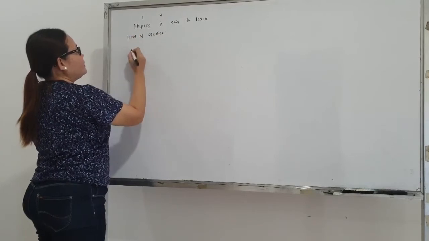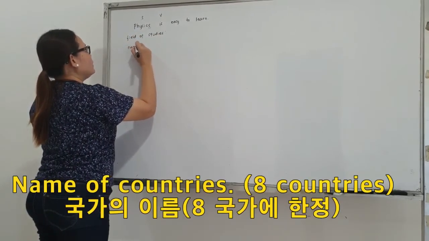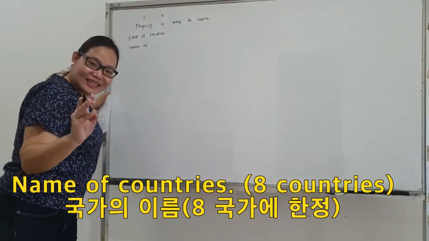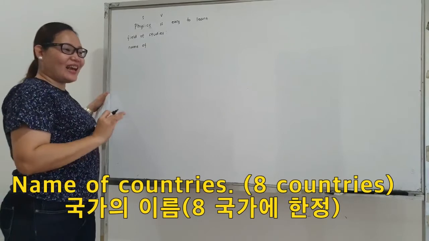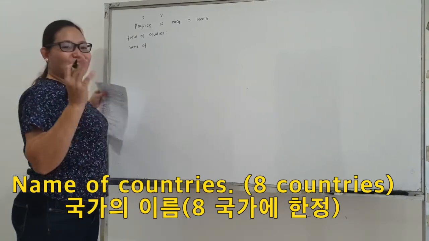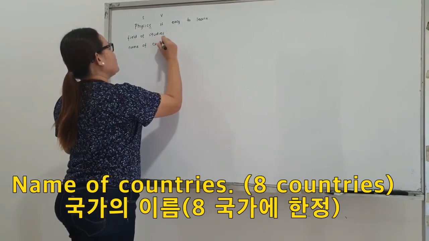Second one, can you think of a country that ends in s? Yes, I think we have the same idea in mind. Of course, the Philippines. So, names of countries.